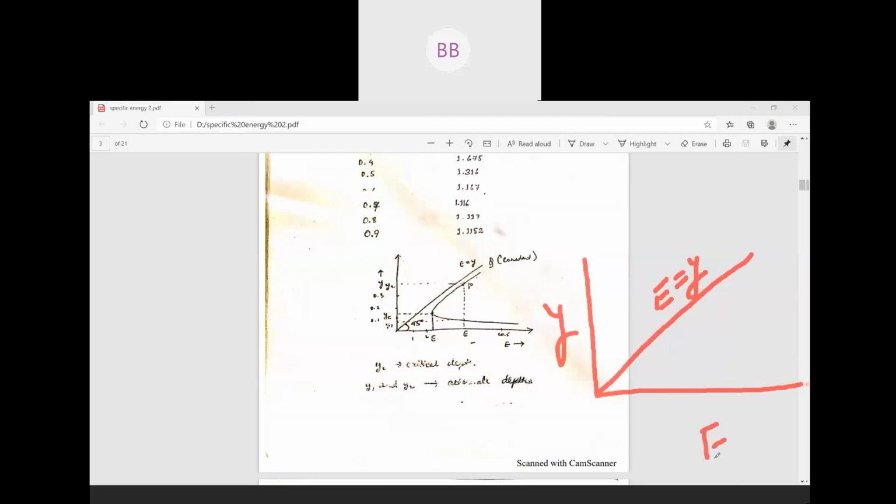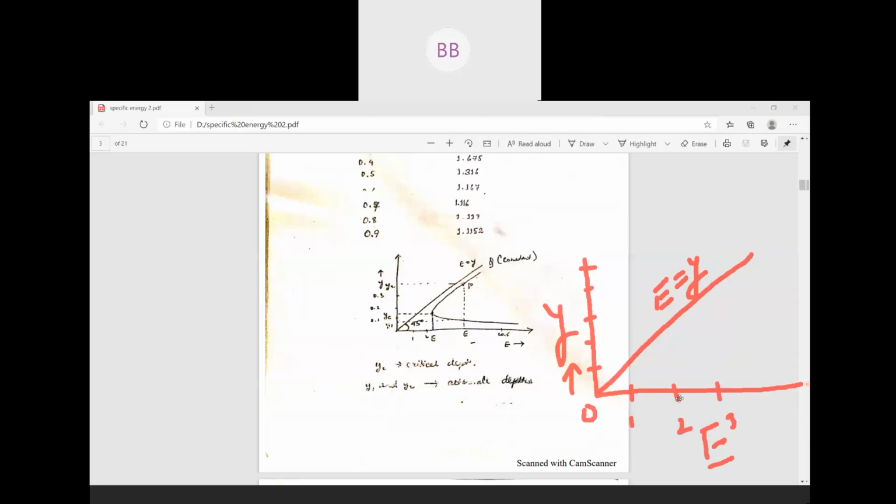This is our zero point. The depth of flow increases in this direction: 0.1, 0.2, 0.3, 0.4, 0.5, and so on. Specific energy is also 1, 2, 3, and so on.